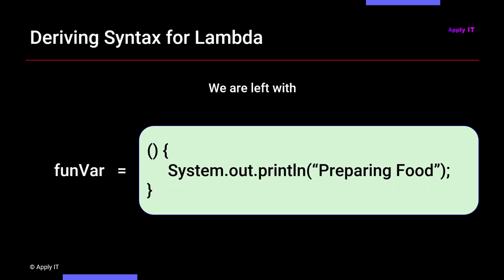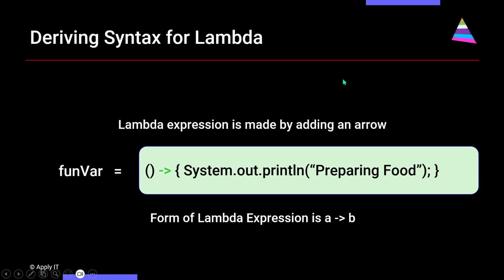So now what we are left with is this information. To differentiate a lambda from a normal function definition, an arrow operator is placed between this input specification and this method body. So a lambda expression is written like this. We have the input specification, then we have this minus sign, greater than sign, that is called the arrow operator.